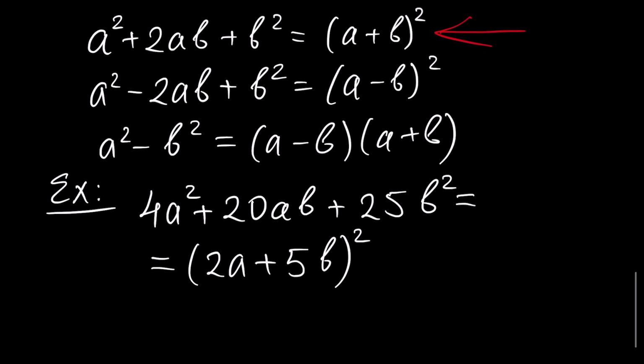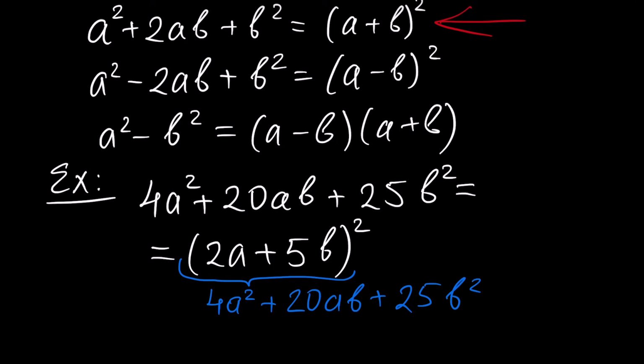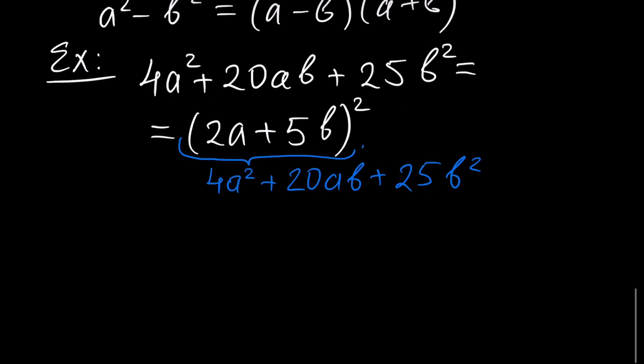Because when we use the previous formula, we can write this bracket squared as 4a squared plus 2 times 2a and 5b, which is 20ab, plus 5b squared, which is 25b squared.